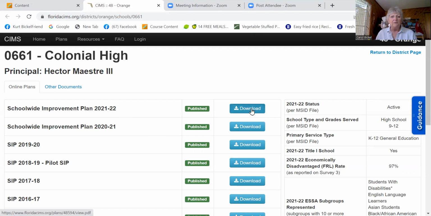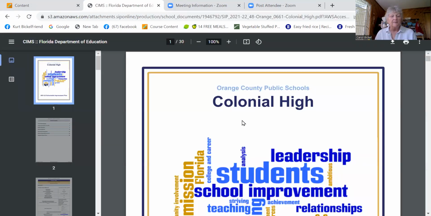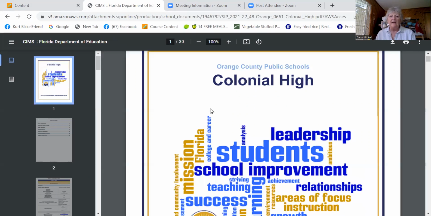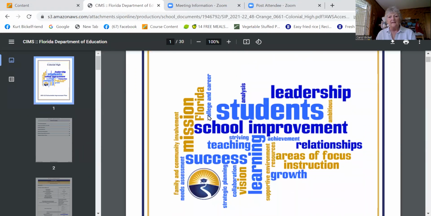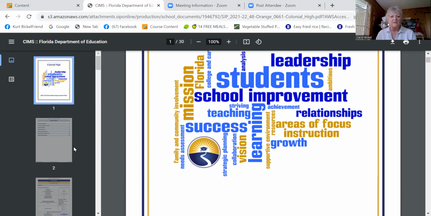But if you choose one of those schools, Glen Ridge is a middle school, and the other one is an elementary school. Here is Colonial High School's, and all of the schools will start with a title page that's very similar to this.